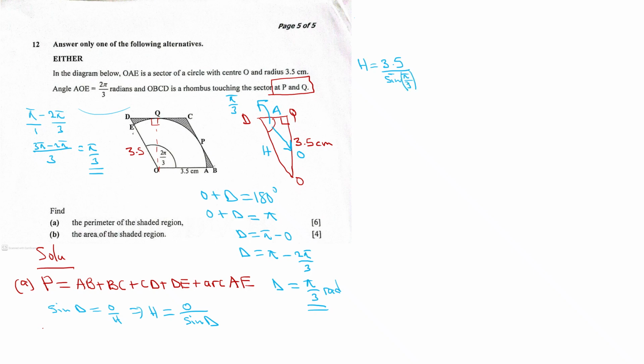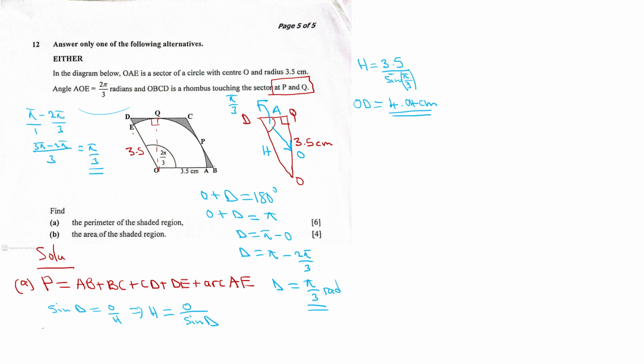When you go on the calculator and punch in 3.5 divided by sine of pi divided by 3, and round it off, you're going to get 4.04 centimeters. This hypotenuse is the side OD, and OD is one of the sides of the rhombus.